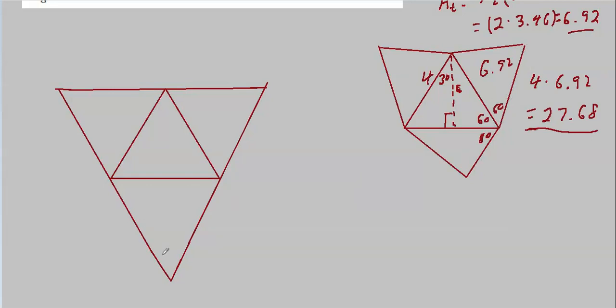Well, in that case, if this is 4, then each side here is 8. And if we wanted our altitude, we just drop a perpendicular down and just completely ignore this inside triangle here. Just find the area of this outside triangle, because that includes these 3 triangles plus the base.